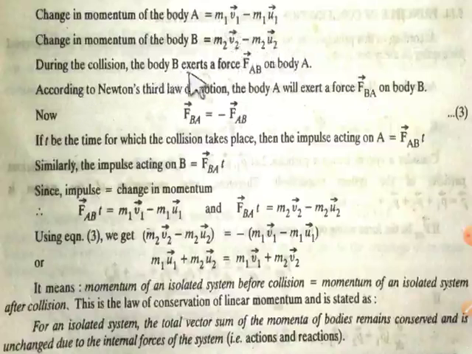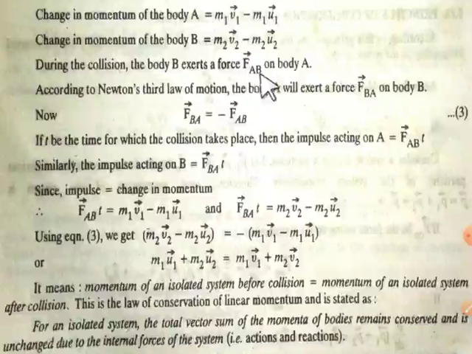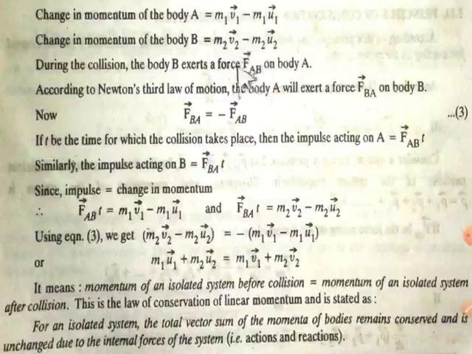During the collision, body B exerts a force FAB on body A. This is the force experienced or felt by body A due to the collision of body B onto A. There are two forces here.